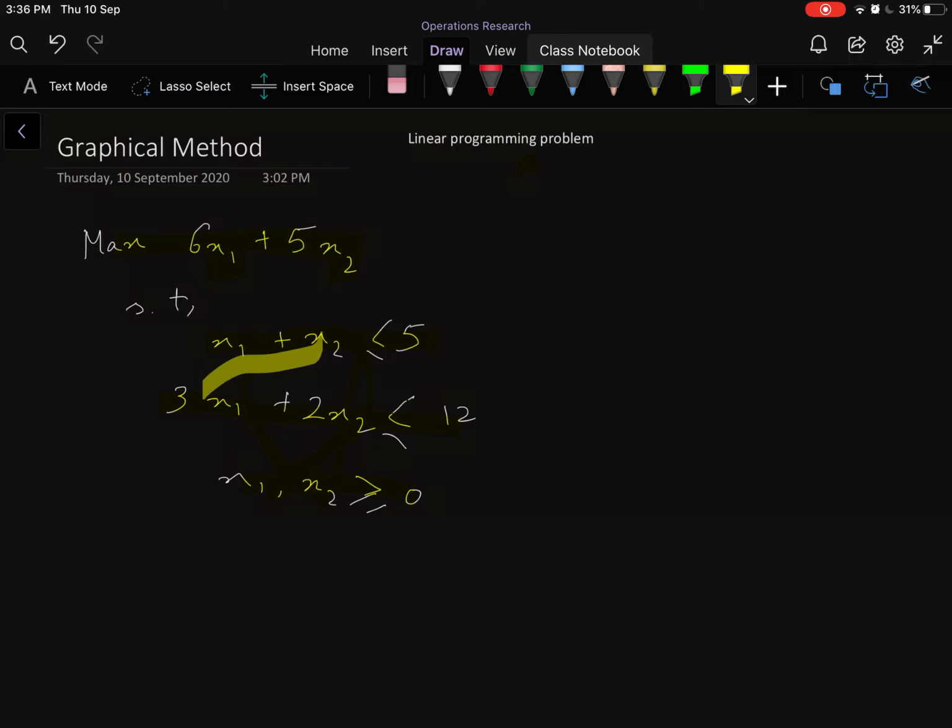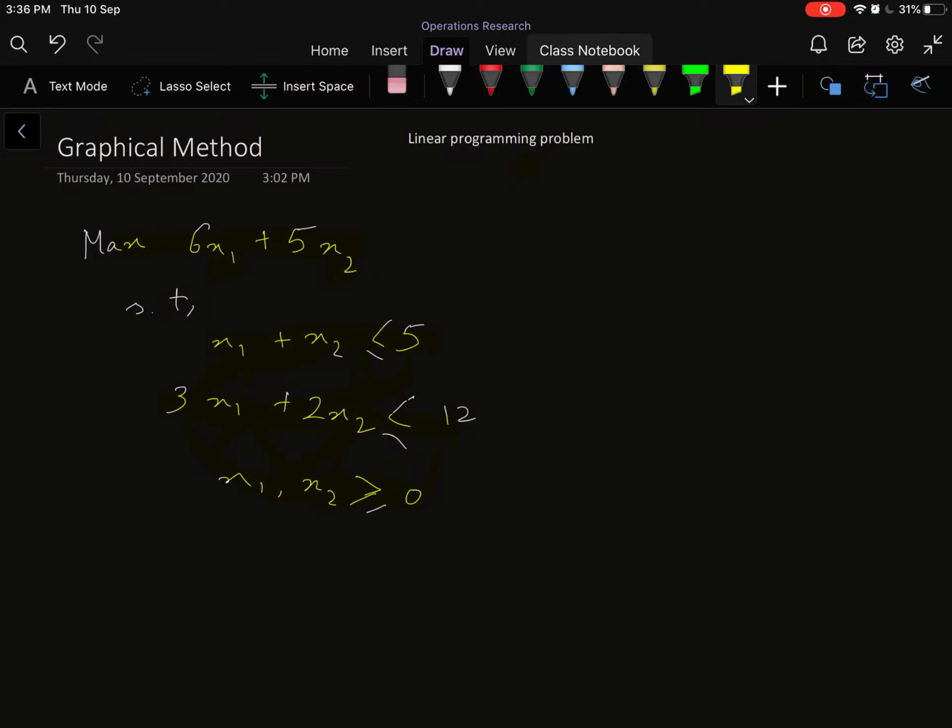That's why all these constraints are also linear expressions. So we can safely conclude that all the mathematical expressions considered in this particular example are linear in nature, and such a programming problem is known as linear programming problem.